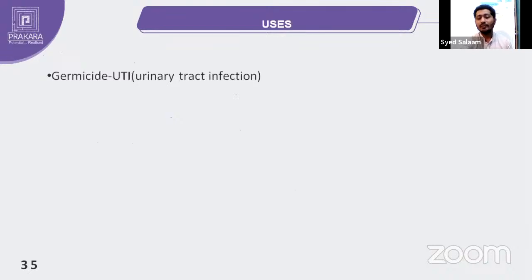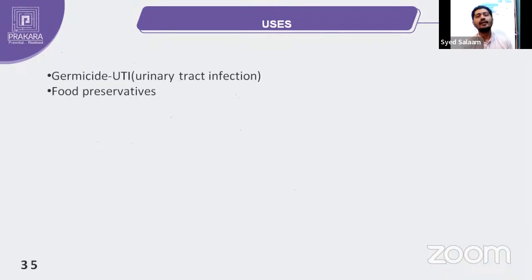So what are the various important uses of this benzoic acid? Simply, we know that benzoic acid derivatives have many uses. Apart from its derivatives, even simple benzoic acid is used as a germicide for the treatment of urinary tract infection, for killing the germs from the urinary tract, as well as an important food preservative.